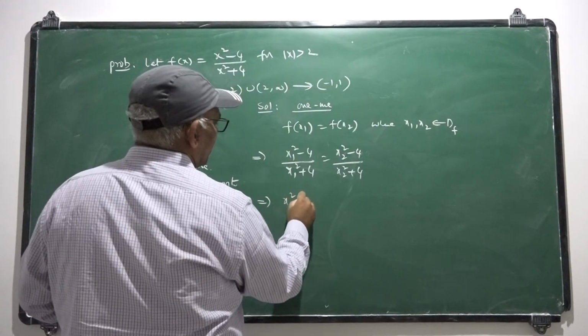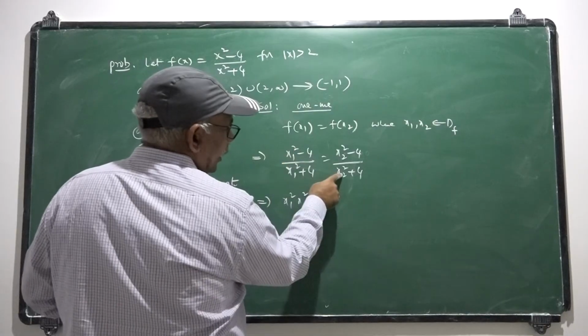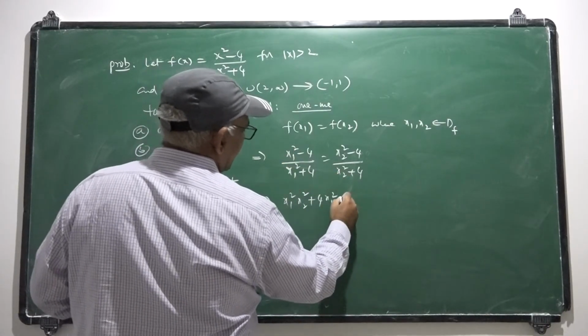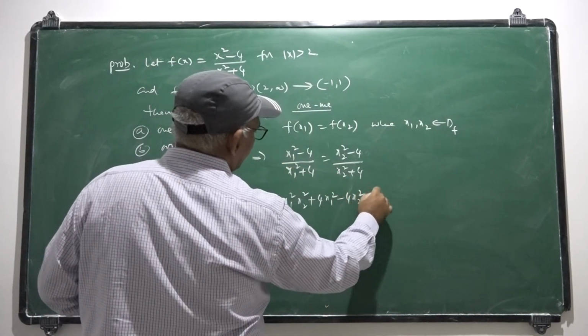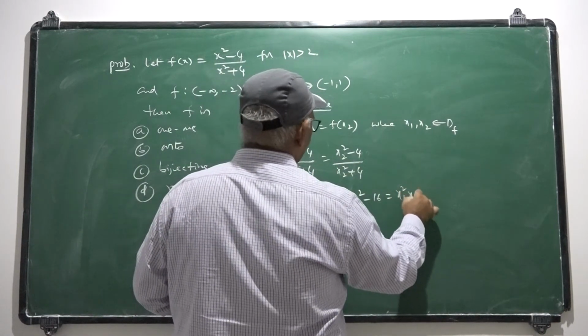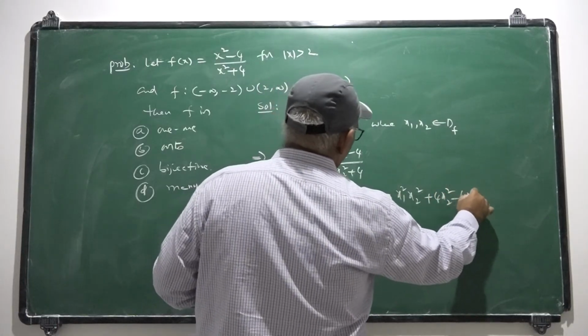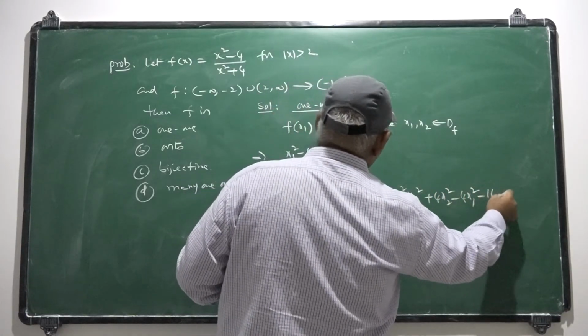Taking cross multiplication and on simplification, we get x1 square x2 square plus 4x1 square minus 4x2 square minus 16 equal to x1 square x2 square plus 4x2 square minus 4x1 square minus 16.